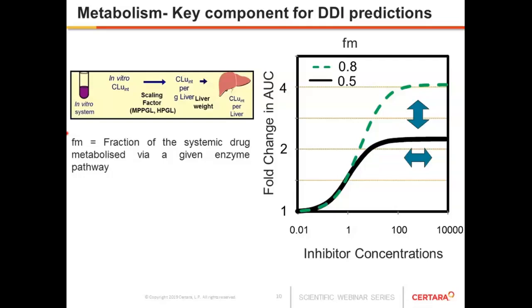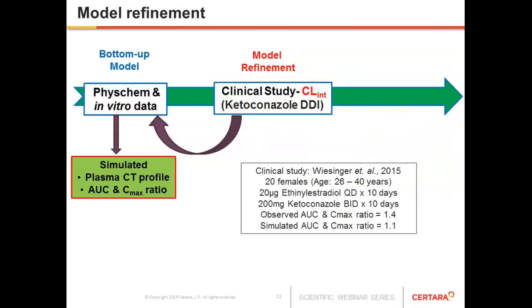Now, given that we had established an FM based on the in vitro data, the next step was to evaluate this FM that we had established for CYP3A4 to see if our predictions were okay. So in this study, we replicated a clinical study in which ethinylestradiol was co-administered with ketoconazole.